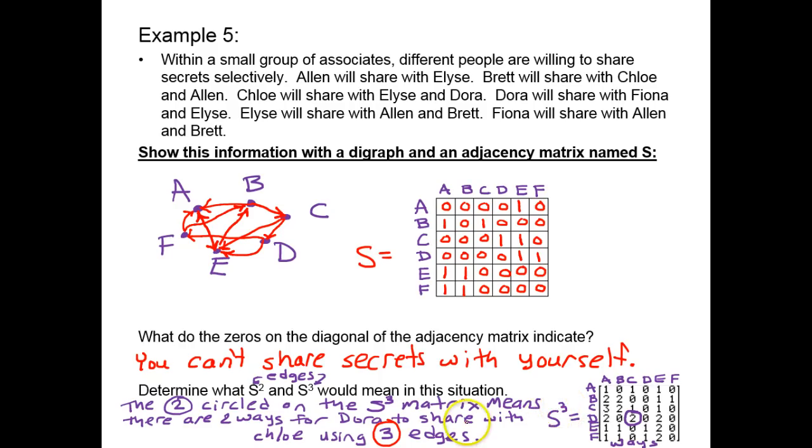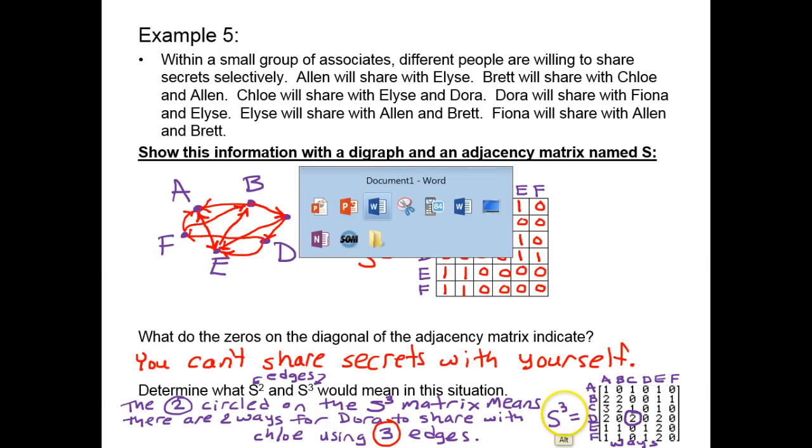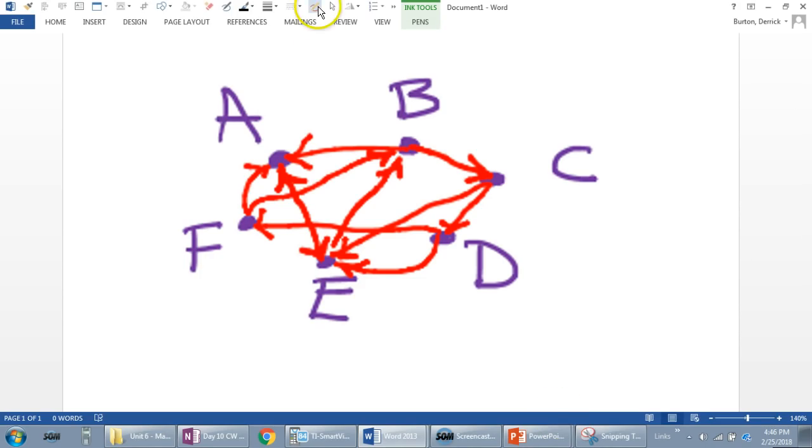Let's take a closer look at that. So we're talking about Dora sharing with Chloe using 3 edges. If Dora is going to share with Chloe using 3 edges, let's see if we can find one of those paths.